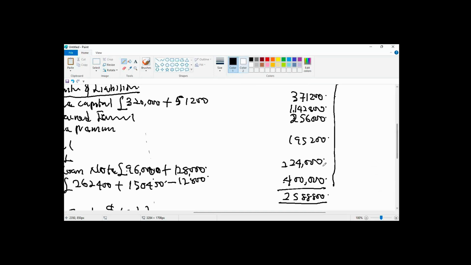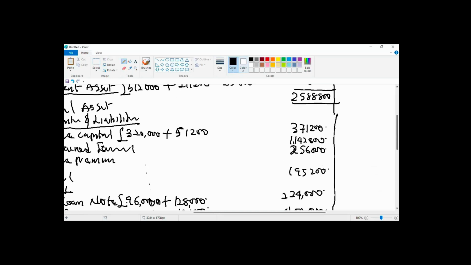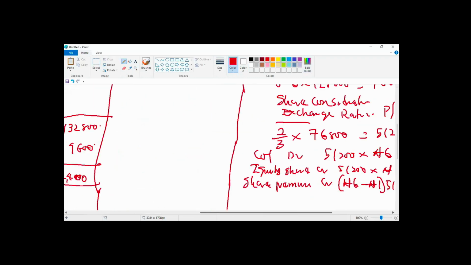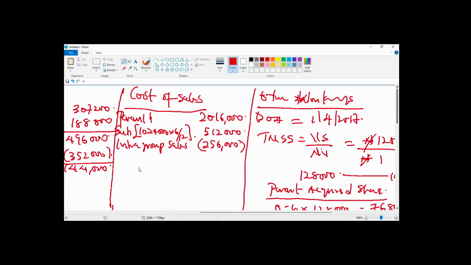Don't forget, unrealized profit and depreciation must be part of the cost of sales. My cost of sales: depreciation, if it is surplus, I will add. Then unrealized profit on inventory, 25,600.